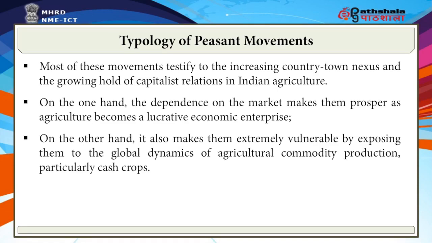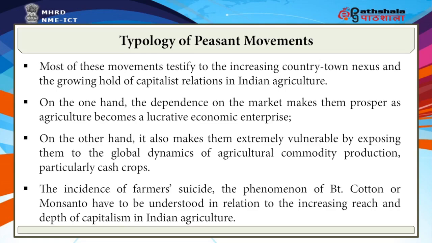On the other hand, it also makes them extremely vulnerable by exposing them to the global dynamics of agricultural commodity production, particularly cash crops. The incidence of farmers' suicide, the phenomena of BT cotton or Monsanto have to be understood in relation to the increasing reach and depth of capitalism in Indian agriculture.